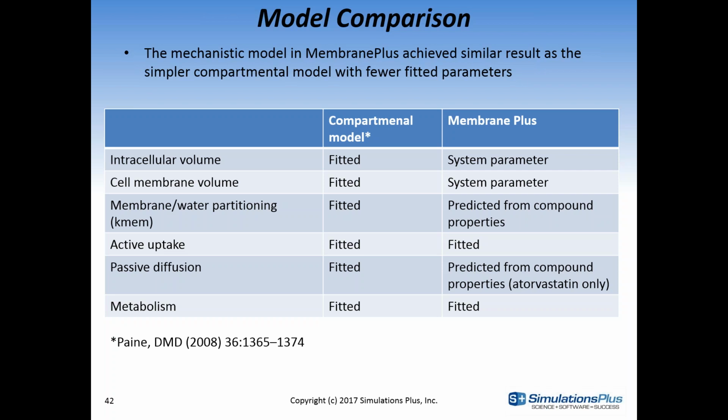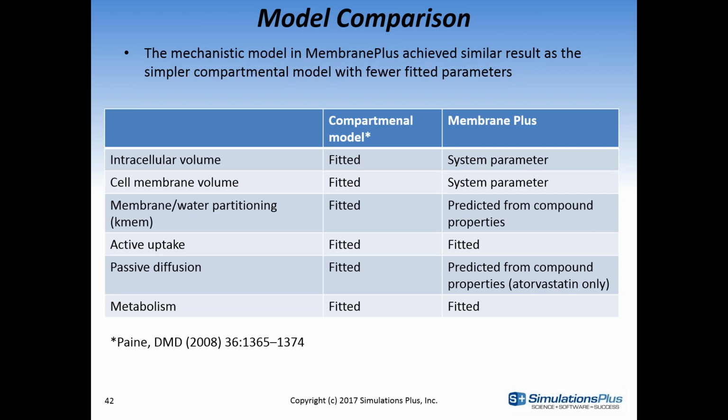Whereas in the Payne model, they fit the intracellular volumes, cell membrane volumes, membrane water partitioning coefficients, and they fit the active uptake, passive diffusion, and metabolism as well. In this case, we had system parameters that we fixed for all the models. We didn't need to fit any of the cell parameters. What we fit here was just the Vmax values for the transporter and the metabolism.